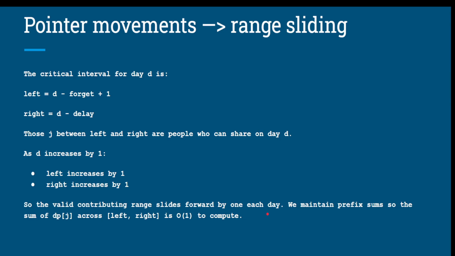Do not think that we only use prefix sum and dp at i; you have to understand the concept of how the ranges come here. After that we will maintain a prefix sum so that the sum of dp over these boundaries takes O(1) to compute.